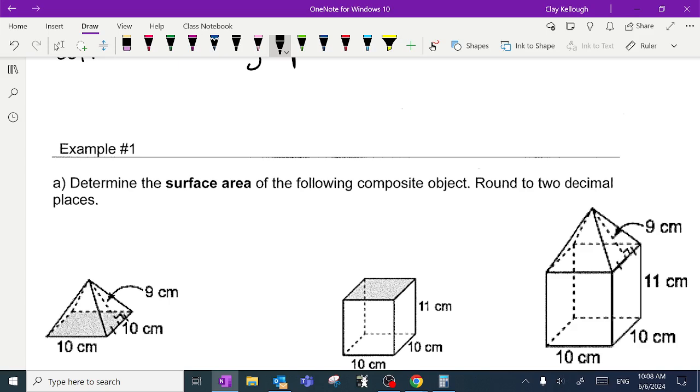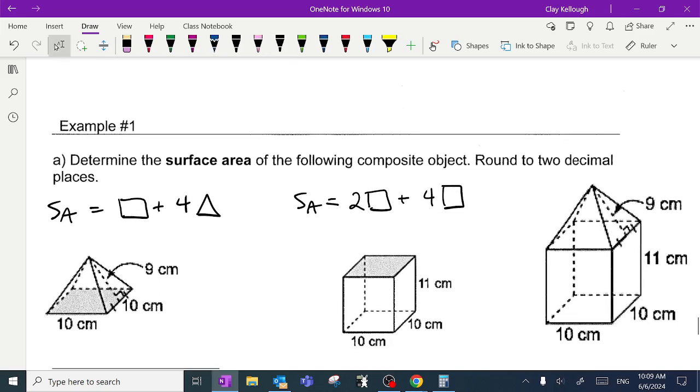The surface area of this object is a square plus 4 triangles. The surface area of this object is 2 squares and 4 rectangles. But when I glue them together like this, I lose one of these squares and I lose that square.